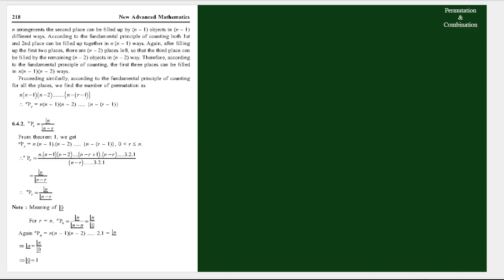So it will be how much? n into n minus 1 into n minus 2 into dot dot dot into n minus r minus 1. Clear?